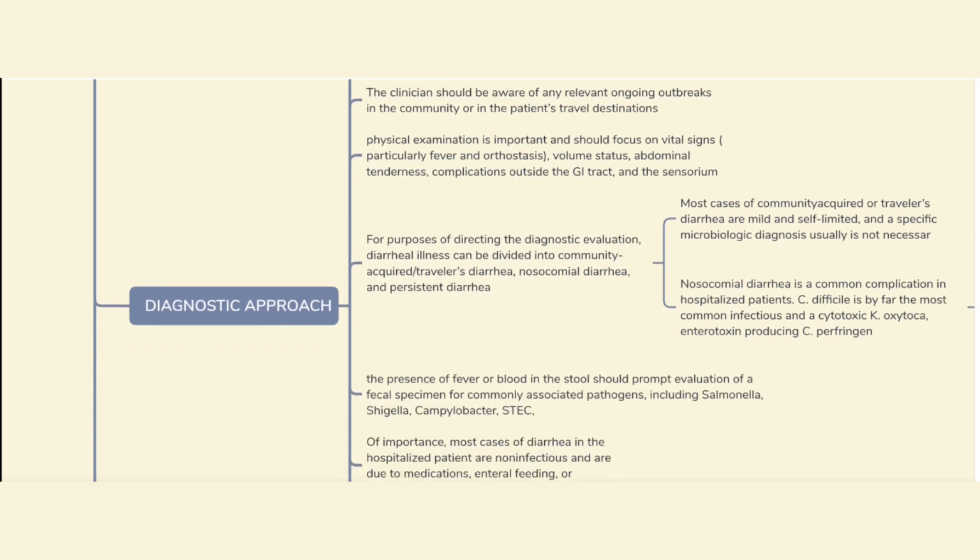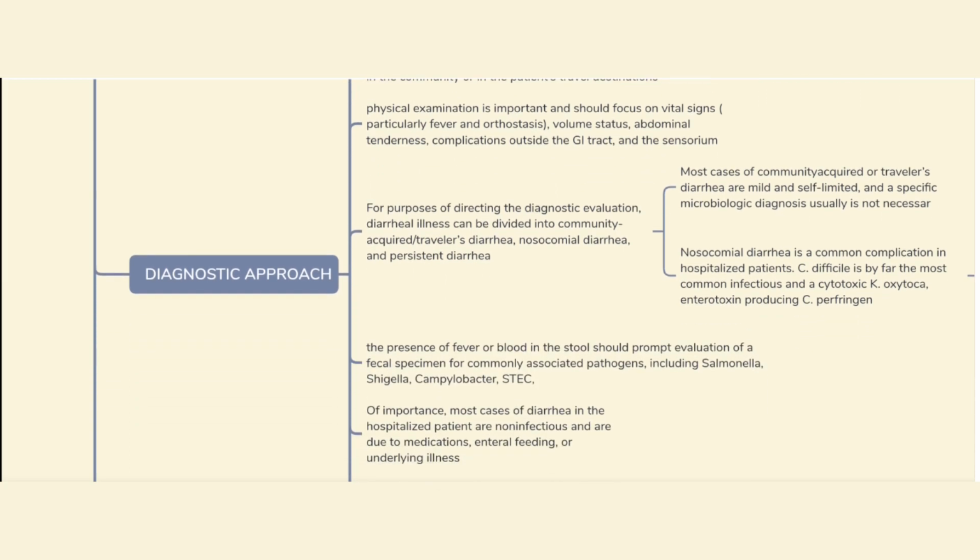So, for purposes of directing the diagnostic evaluation of diarrheal disease, we can divide it into two types. We can divide it into community or traveler's diarrhea, which covers all of what we discussed in the upper classification, or we have an extra point of classification, which is nosocomial diarrhea and persistent diarrhea.